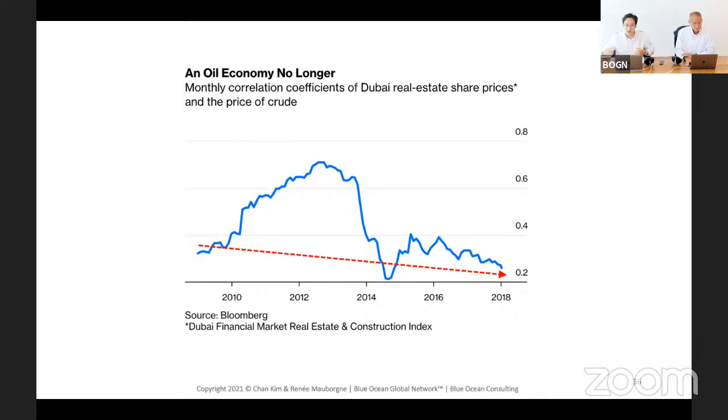So Dubai is now seen as no longer an oil economy compared to its neighbors, and this is quite remarkable. Because had they waited longer, had they waited 10 or 20 years from now, they would have been facing a crisis if they had not diversified, because their oil reserves are slowly depleting.